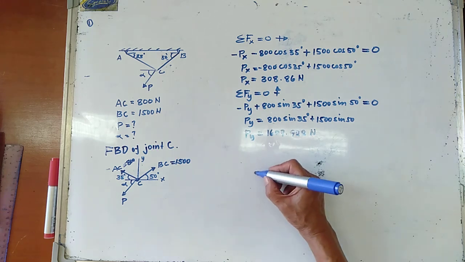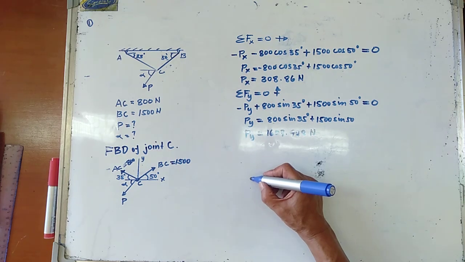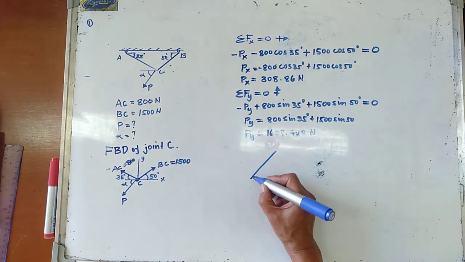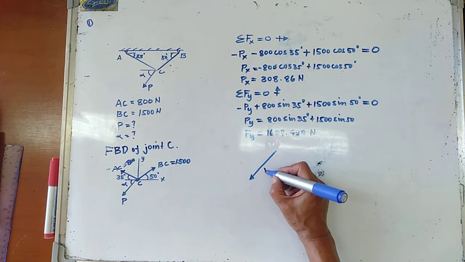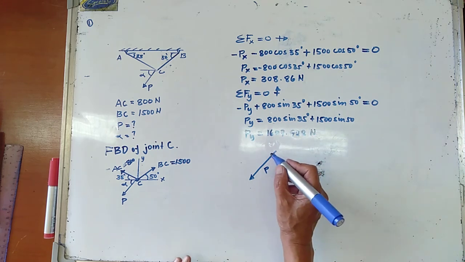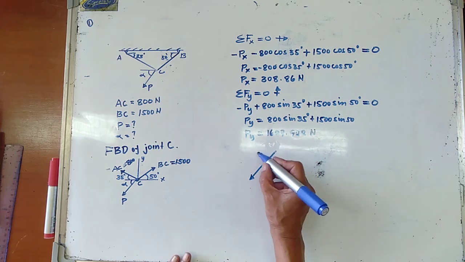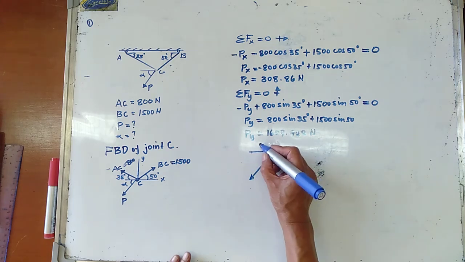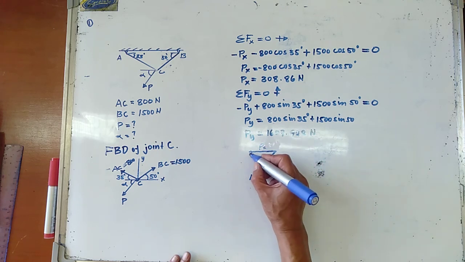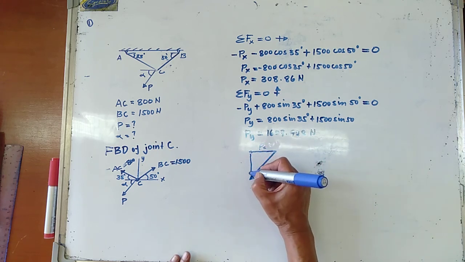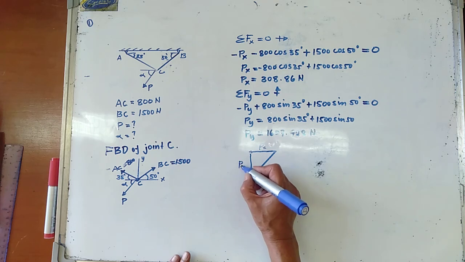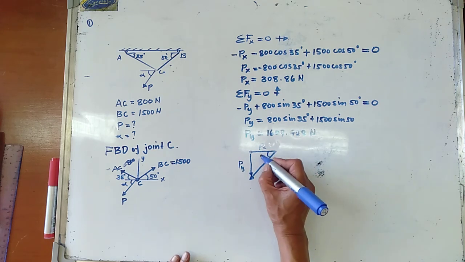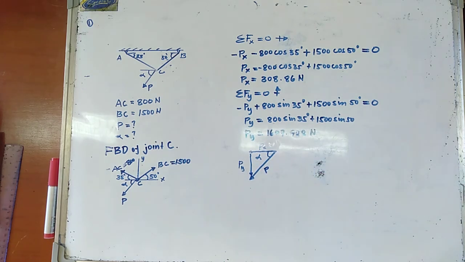So if this is now your P, we now have your Px, and this one in here is your Py, and this is now your alpha.